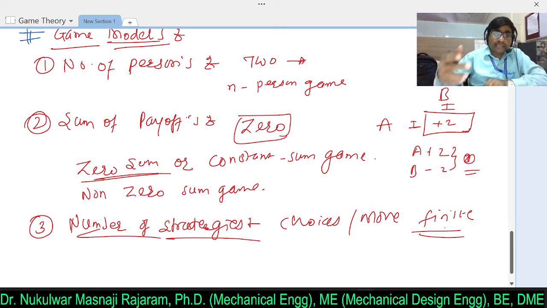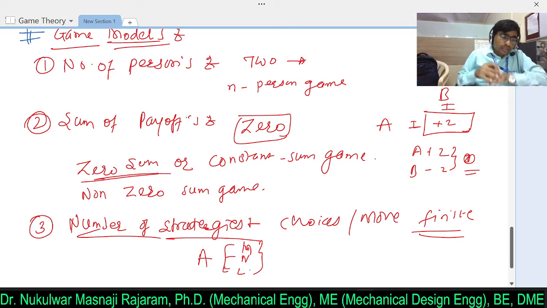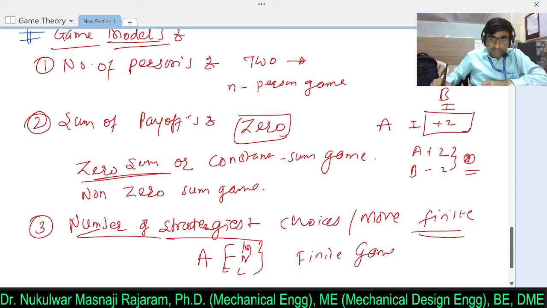While learning the characteristics, I said the choices or moves must be finite. Clear. So if A has a finite 3 choices M, N, L, then this is known as a finite game. We will call this a finite game.